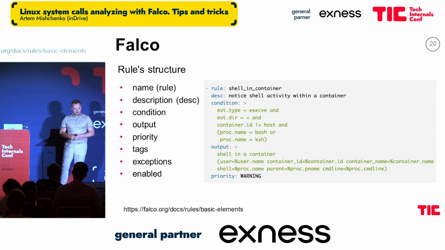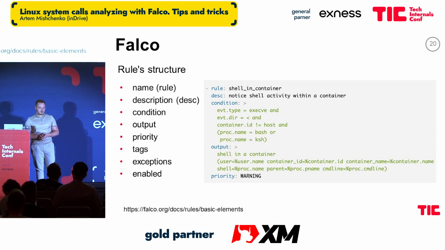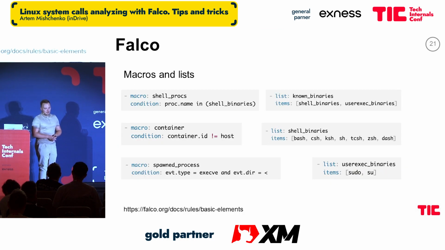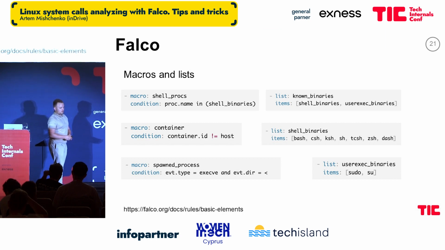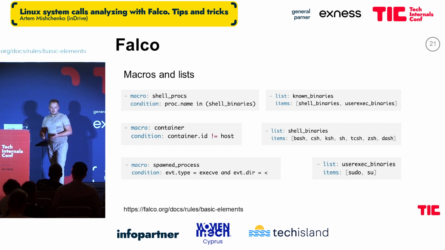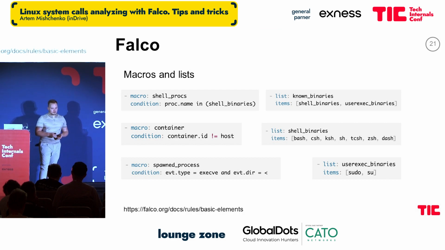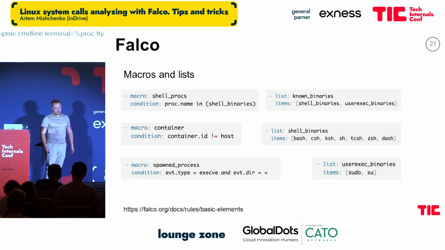You can see some examples here, like a spawned process is just an execve system call and the mention of exit from this system call. And lists are just lists. We can put some things here to reuse them again in our rules. These examples are from the default package. I think they can be improved, and I will tell about it a bit later, but these are just several examples of macros and lists.